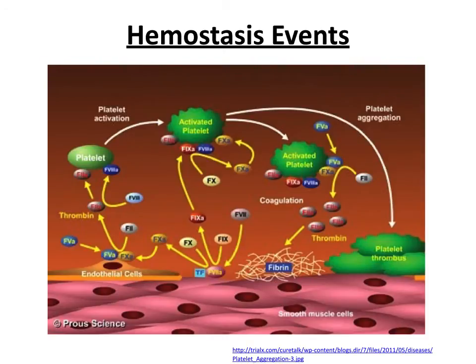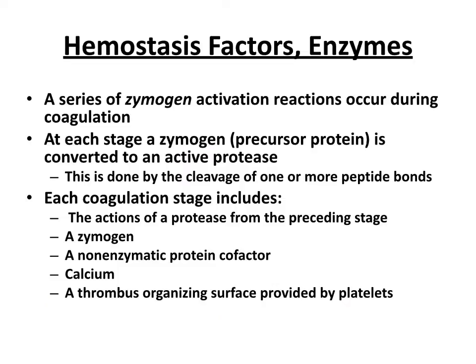Okay, so in terms of hemostasis factors and enzymes, what happens is you get a series of what are called zymogen activation reactions occur during coagulation. And at each stage, a zymogen, which is a precursor protein or a factor, coagulation factor, is converted to an active protease.